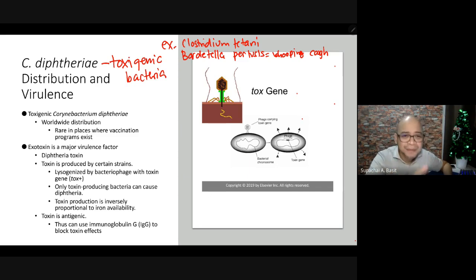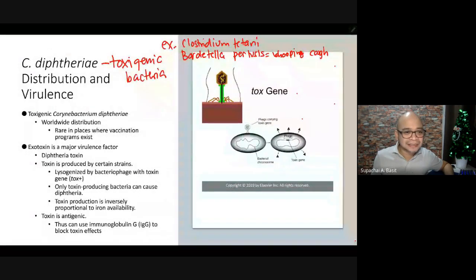So Corynebacterium diphtheriae is an example of toxigenic bacteria. The toxin is worldwide in distribution and rare in places where a vaccination program exists. That's the reason why it is very important that we immunize our children.